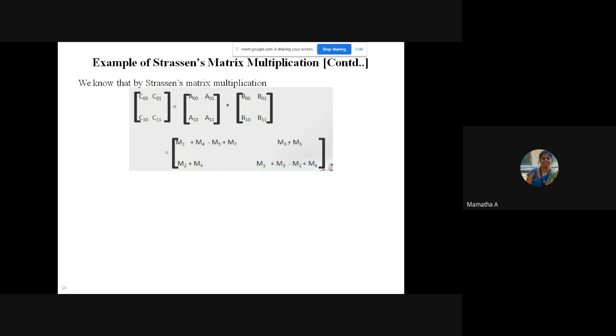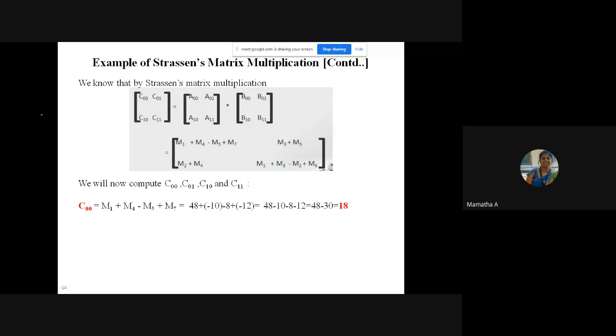So you should state this first, right? And then start computing. So we will now compute these four elements.